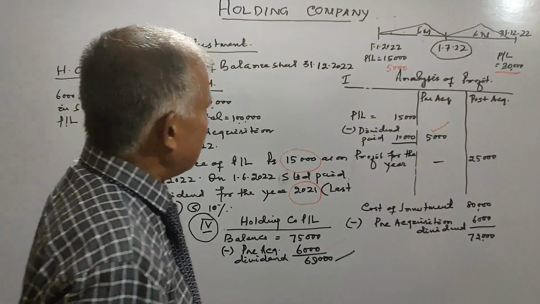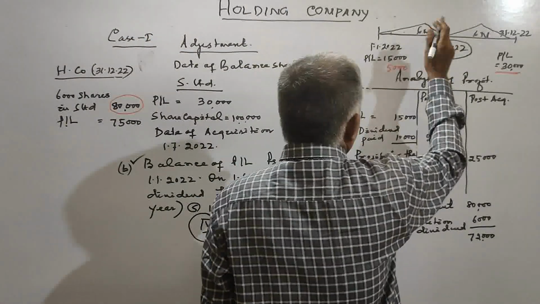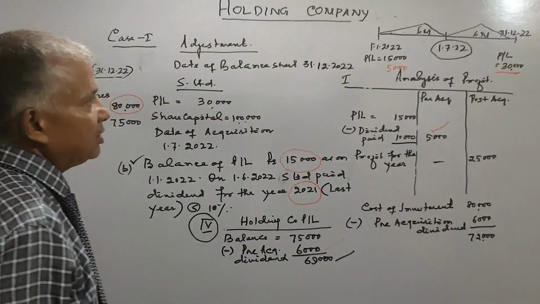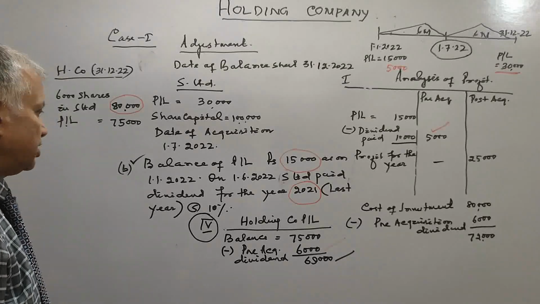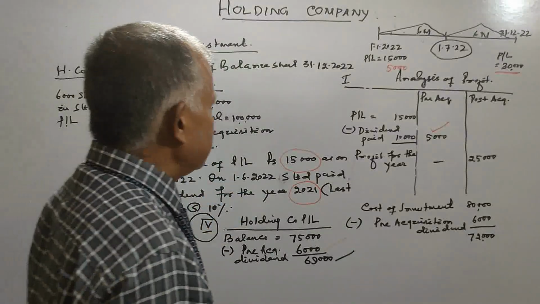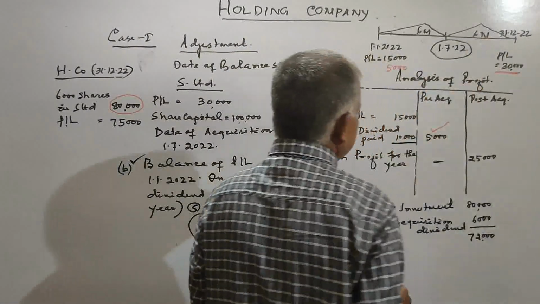So friends, I have taken 1/7/2022, that means pre-acquisition is 6 months and post-acquisition is 6 months. So what will be the change here? Now this is 5,000, this is 30,000.